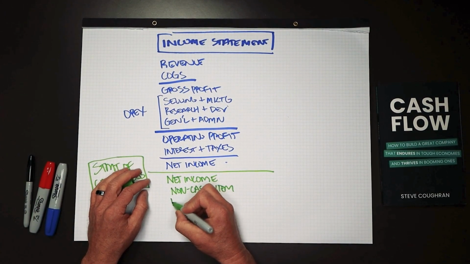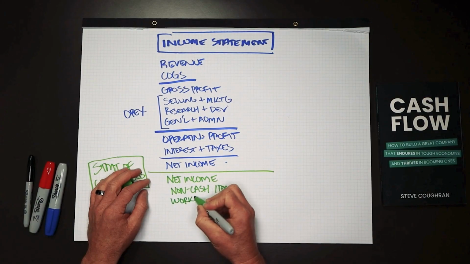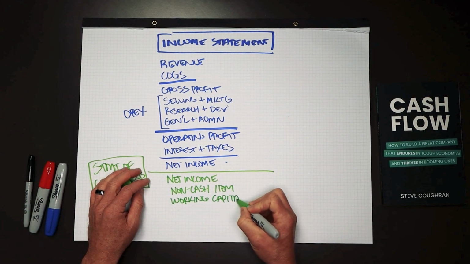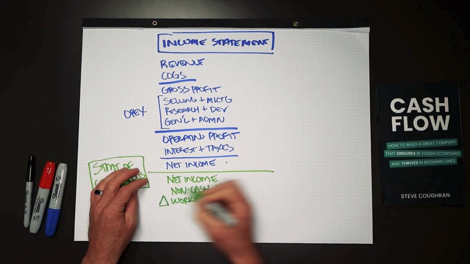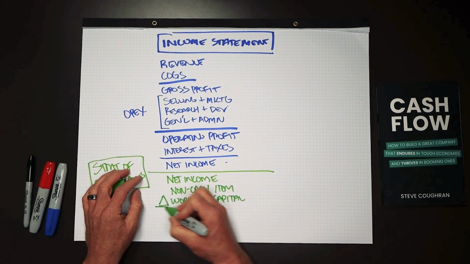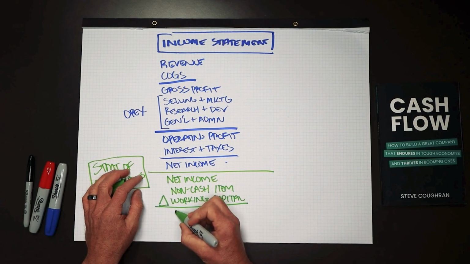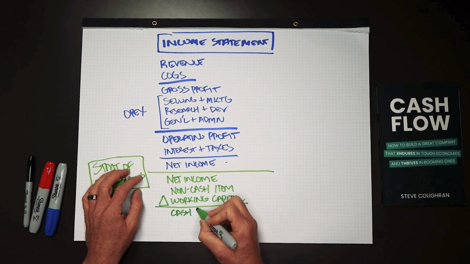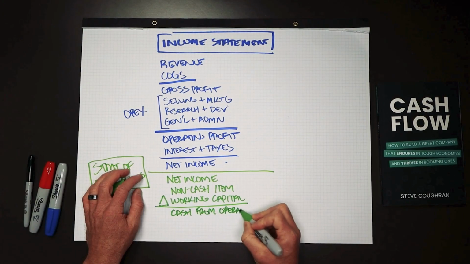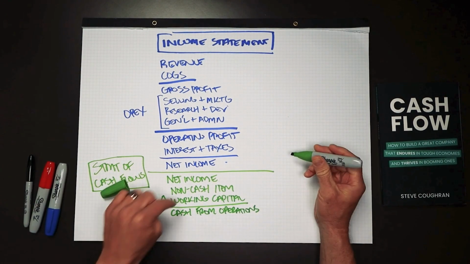And then also, we have to account for changes in working capital. I'm just going to put a little triangle here to represent changes in working capital. And when we add all of these three things together, we get cash from operations.